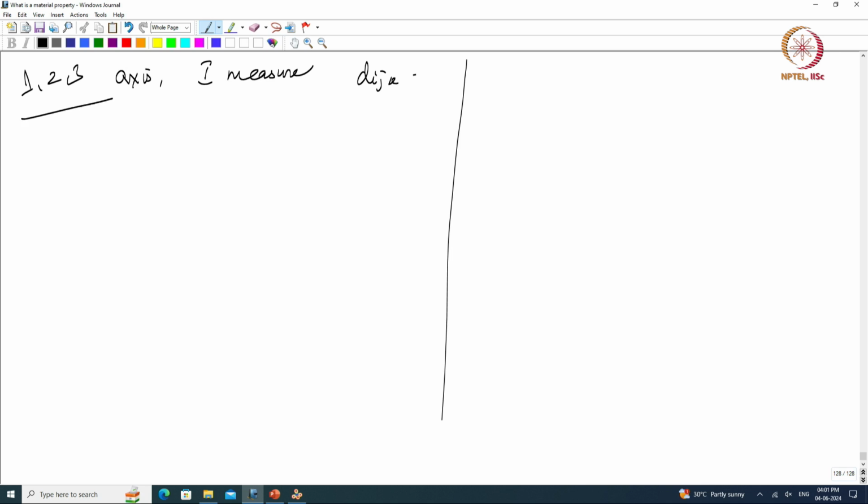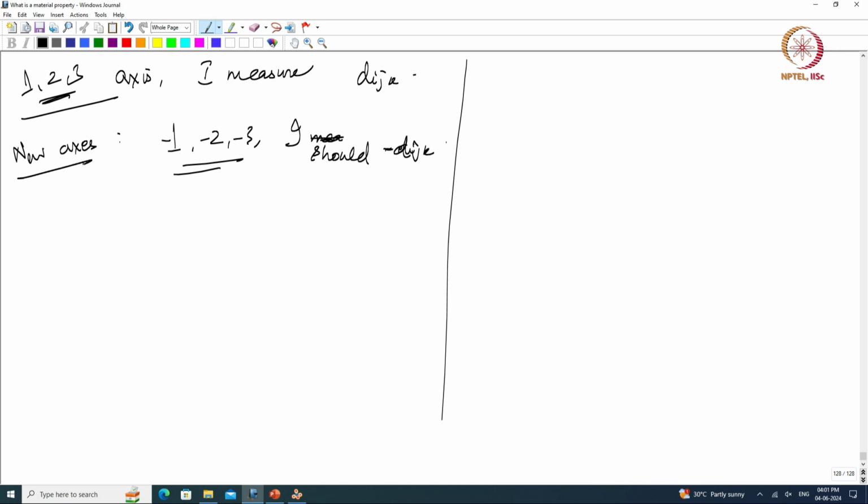Now my new axes are minus 1, minus 2, minus 3, but still if I have 1 bar symmetry, I should ideally measure minus Dijk. Okay, these are a right handed system and this is a left handed system, all that is correct, but in the new axis I should measure ideally minus Dijk.